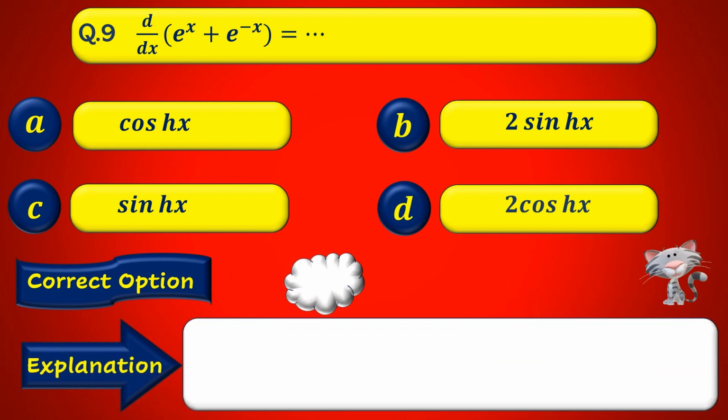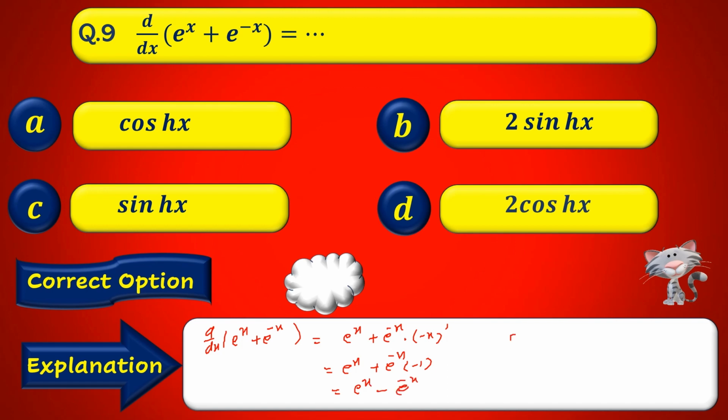The derivative of e^x plus e^(-x) can be written as e^x plus e^(-x) into the derivative of minus x. So it becomes e^x plus e^(-x) into minus 1, and it can be written as e^x minus e^(-x).